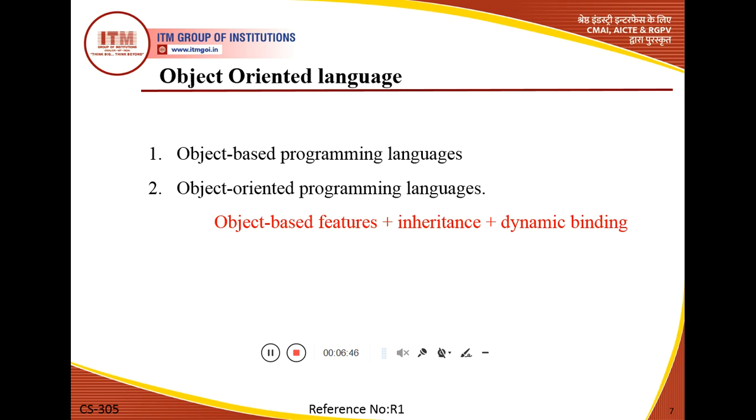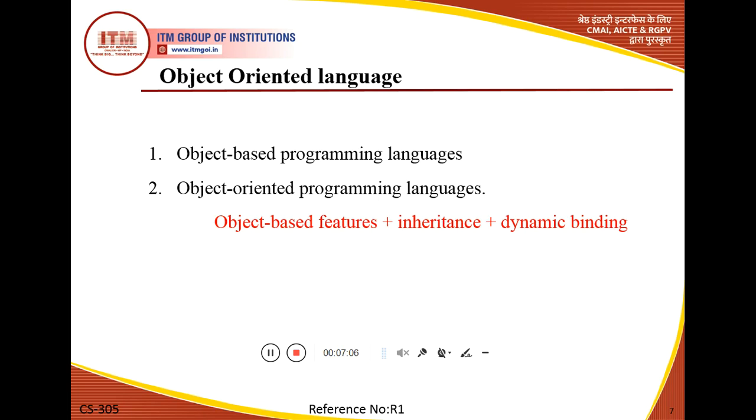Object based programming languages depend on some basic concepts of object oriented programming, which I already defined to you, like object and class, data encapsulation, data hiding and access mechanism.